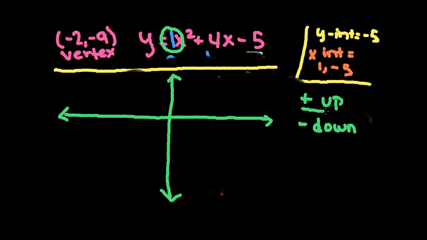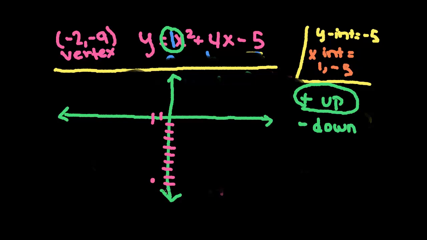So in our case, we are going to expect it to open up. All right, so we're going to go ahead and graph negative 2, negative 9. So I'm going to go negative 2, and then 1, 2, 3, 4, 5, 6, 7, 8, 9. And that is my point right there.